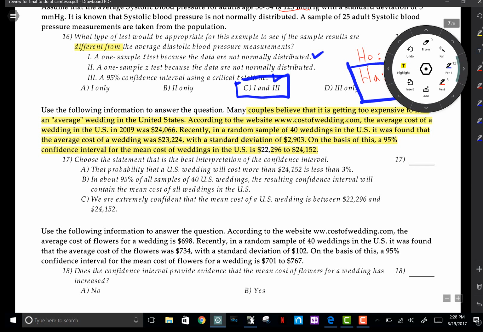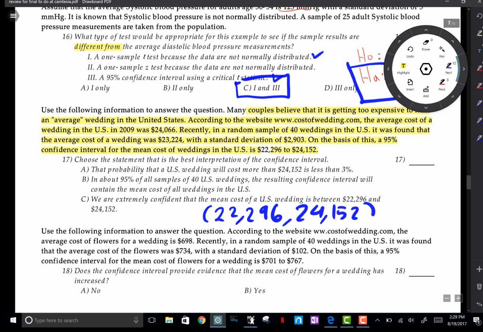So we have a confidence interval: 22,296 to 24,152. Remember, when we're doing a confidence interval, the 95 or whatever confidence level it is always represents how confident we are in the method that we're using.